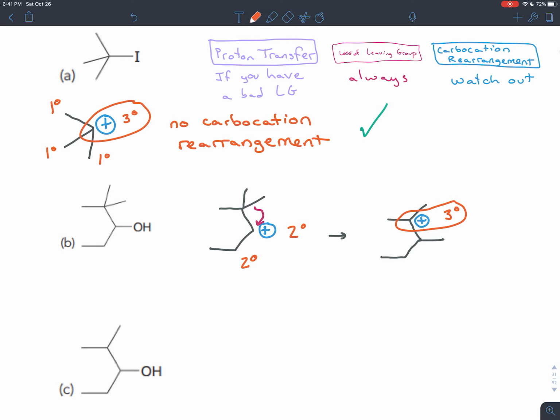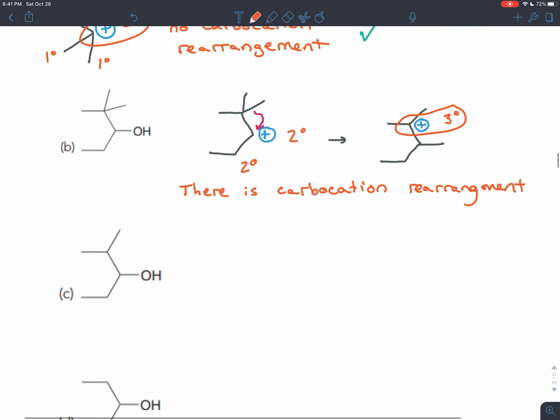Now notice, this is a more stable position. And because this carbocation rearrangement produces a more stable carbocation, there is carbocation rearrangement on this molecule. So ultimately, the double bond will be focused around that carbon there, with a very different carbon skeleton, rather than around the one you would have expected at first.